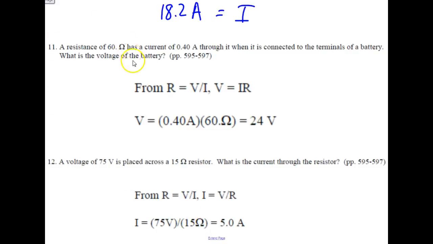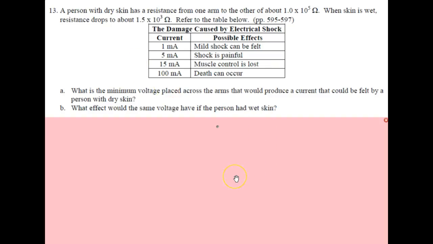On to number 13. A person with dry skin has a resistance from one arm to the other of about 1 times 10 to the 5th ohms. When the skin is wet, resistance drops to about 1.5 times 10 to the 3rd ohms. Refer to the table below.